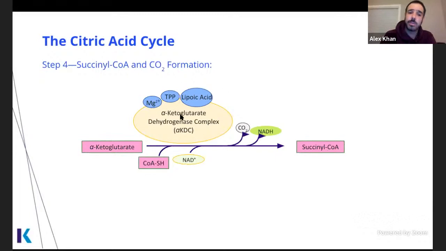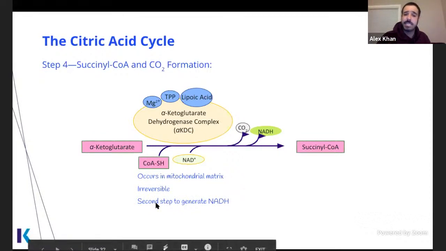Interestingly, we will also note that some of the cofactors to this complex are the same ones we saw in pyruvate decarboxylation. Cool, so once again, everything in the citric acid cycle so far has occurred in the mitochondria. It is irreversible, that one's key, irreversible. MCAT loves the irreversible steps.